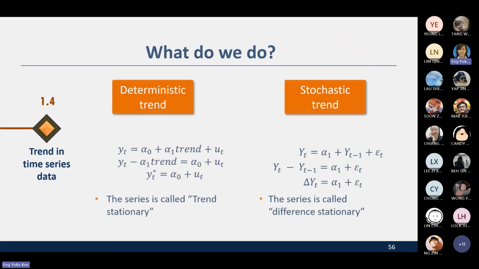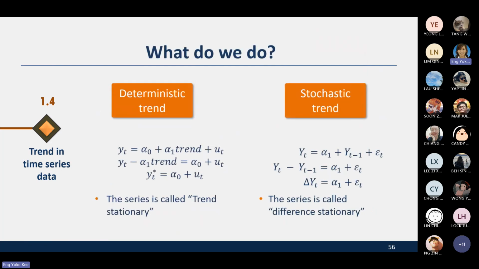So if you have this kind of trending data, what should you do? Again, a trend pattern indicates that the data is non-stationary. Using non-stationary data is very dangerous because different subsamples will tell you different stories. So in practice, what do you do when you see your data is trending?